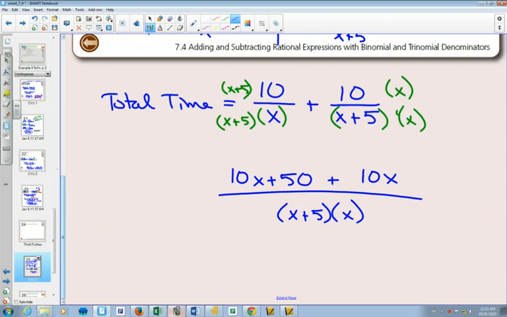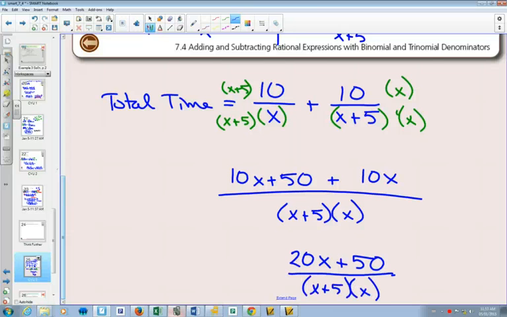I have a common denominator, so I can add the tops. Yes, I have some like terms. 10x plus 10x will be 20x plus 50 all over x plus 5 times x. And even though you could factor a 10 out of the top, nothing could simplify. So this is our simplified expression for the amount of time.